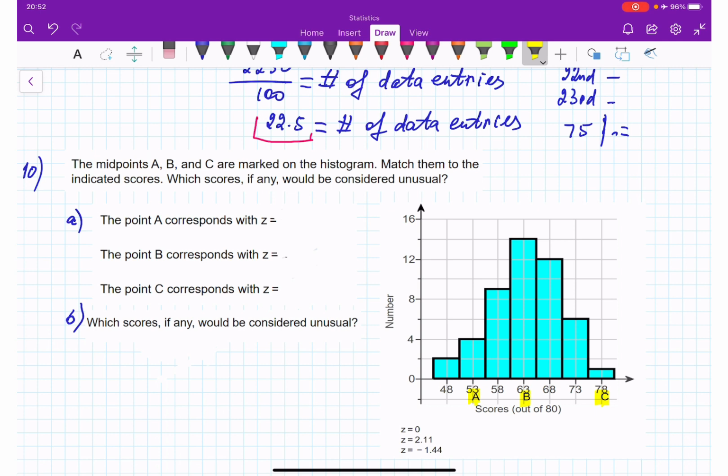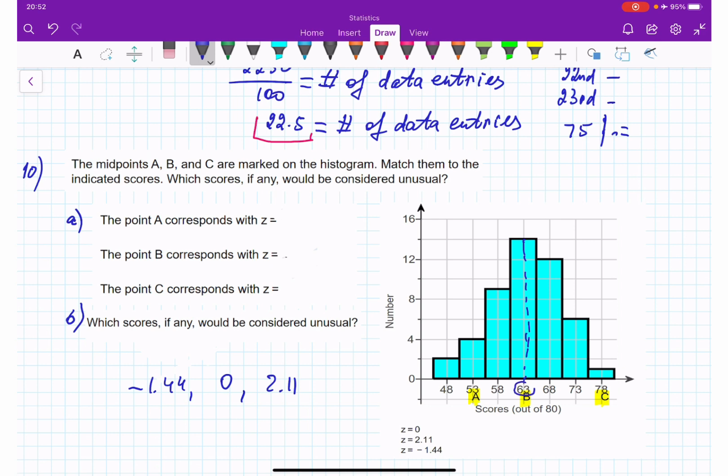We are given 3 z-scores. One is -1.44, another is 0, and the third is 2.11. We need to figure out which z-score matches point A, point B, and point C. Since it's a bell-shaped, symmetric histogram, the z-score in the middle is always going to be 0.